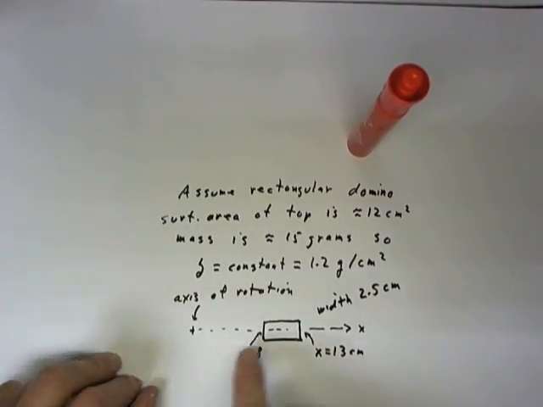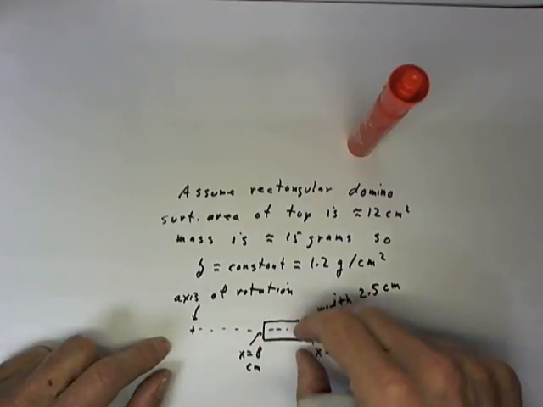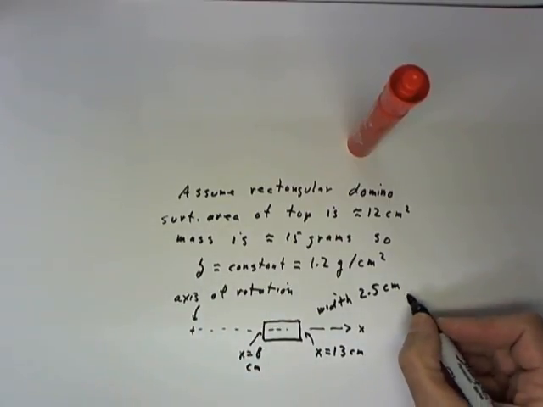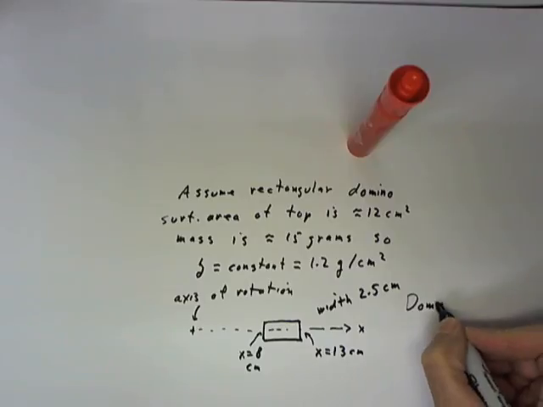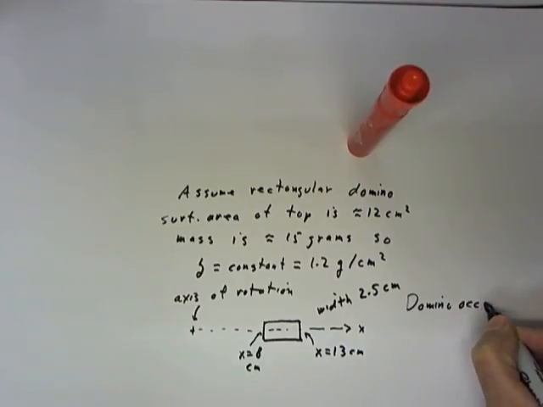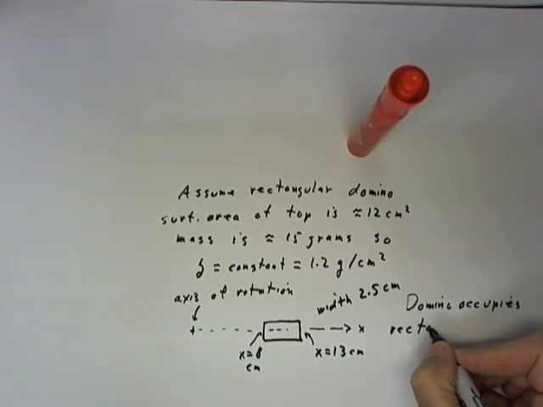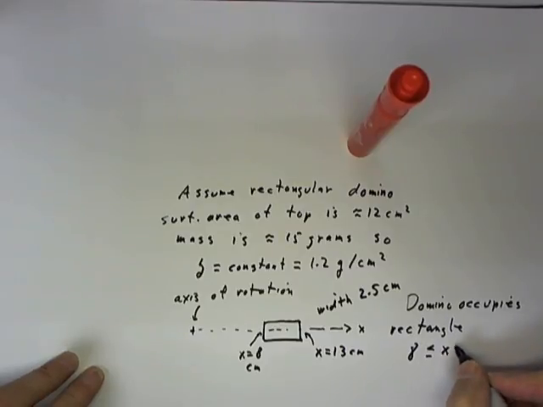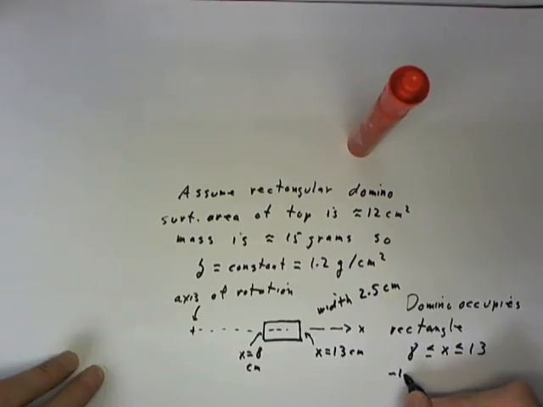And I'm not going to write down the assumption of symmetry. We assume that it's symmetric with respect to the x-axis, so that the region occupied by the domino is the rectangle 8 less than or equal to x less than or equal to 13 and negative 1.25 less than or equal to y less than or equal to 1.25.